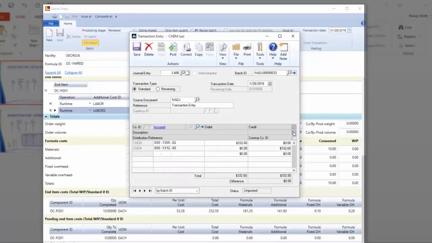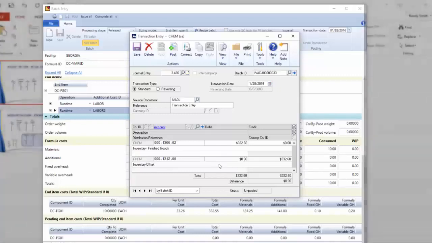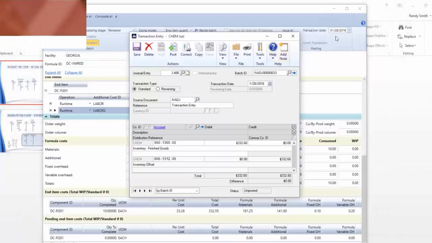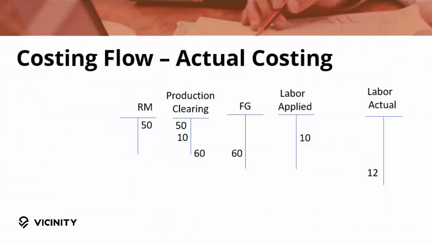So that's my finished good valuation that I've got going on for 332.60. That's what we've got to show. I hope this helps. Just remember that if you ever need to go back to the T accounts, we've got raw material usage, application of additional costs, and putting finished good on hand and providing a value for that.